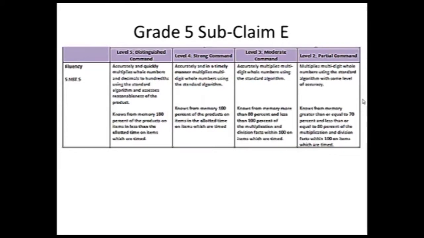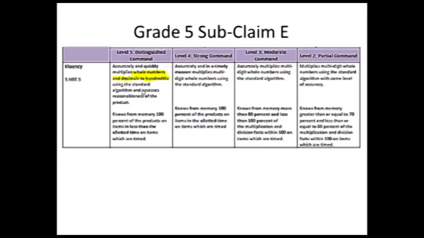And finally, grade 5 subclaim E, that's when we get to return to multi-digit multiplication. You'll see that we change our accuracy and our use of the timeliness factor, but as we get to level 5, I'm not only accurately and quickly multiplying whole numbers, but I'm also doing that with decimals to hundredths.